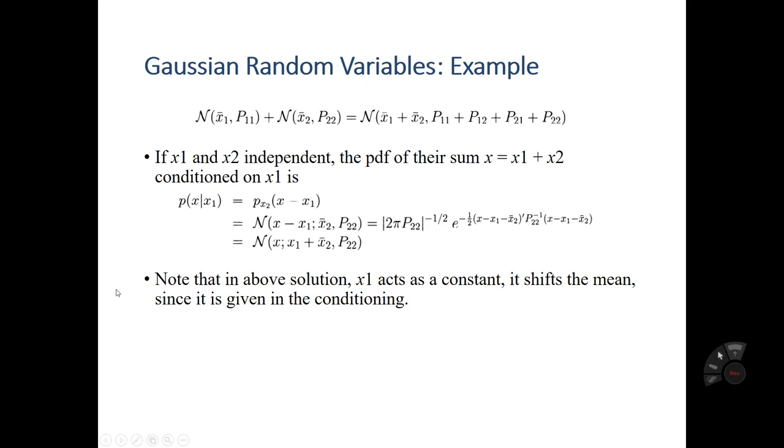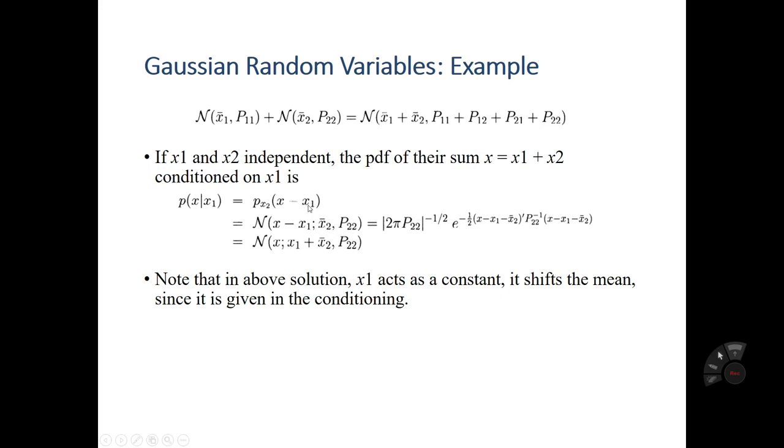Again, the covariance is a diagonal matrix. So when we find p of x conditioned on x2, the subscript on each x will be replaced. For example, for p of x conditioned on x2, here we will write p of x1 at x minus x2.